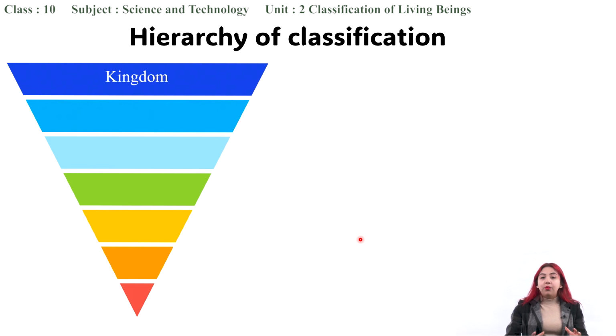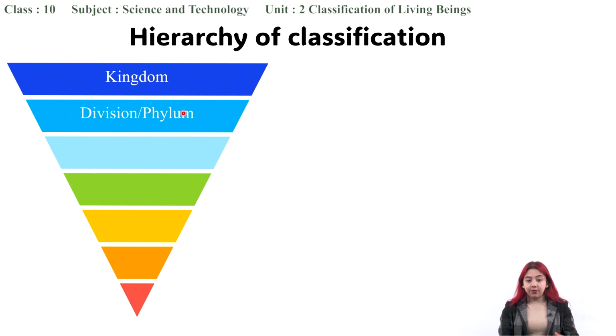The kingdom comprises a large number of organisms, and then we have the division or the phylum. If it is a plant, we call it a division, and if it is an animal, we call it a phylum. So after kingdom, the kingdom is divided into either division or phylum. It has a smaller number of organisms because it starts to get segregated.